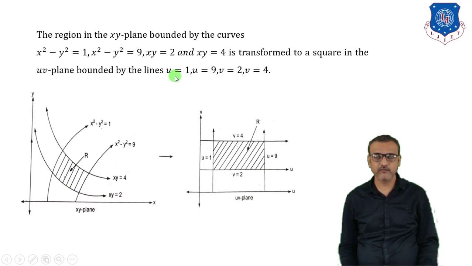This is the line u equals 1, then u equals 9, then v equals 2, and this is the line v equals 4. So the required region in the UV plane is this rectangle formed by the lines u equals 1 to u equals 9, v equals 2 to v equals 4.